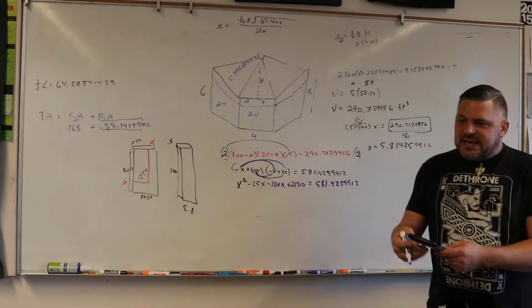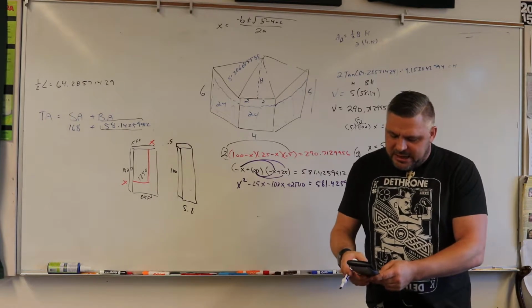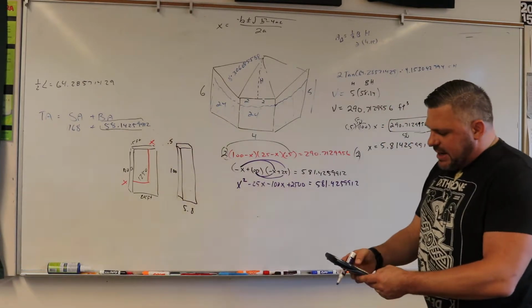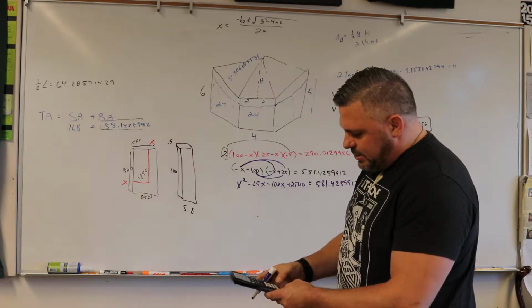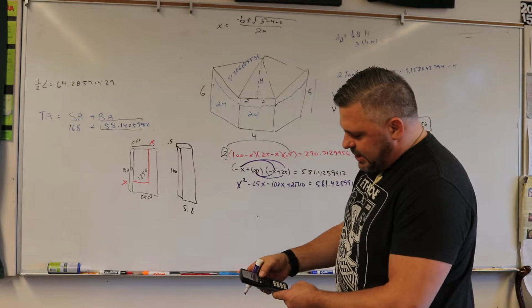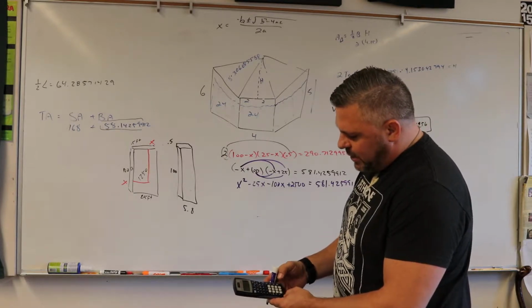581.4259912. And what I'm going to do is take that number and go negative answer, and add it to that 2500. Oops, that's 2800. Make sure you put the right numbers in. Okay?